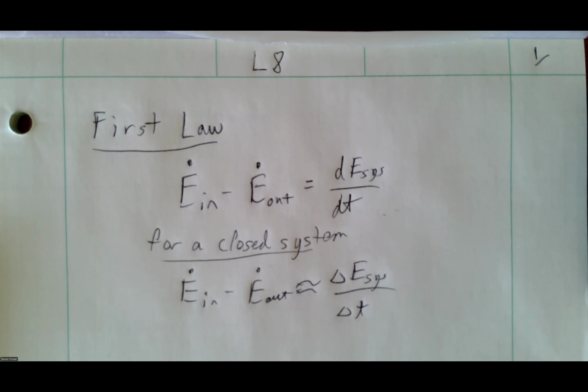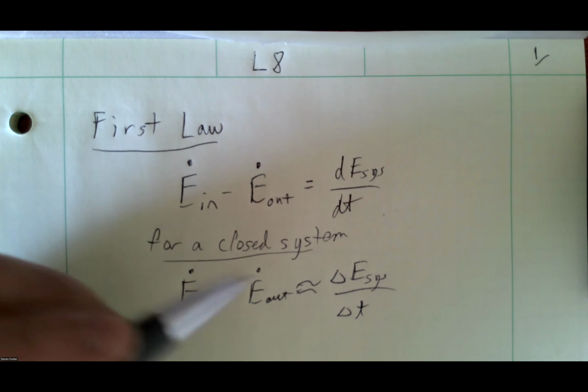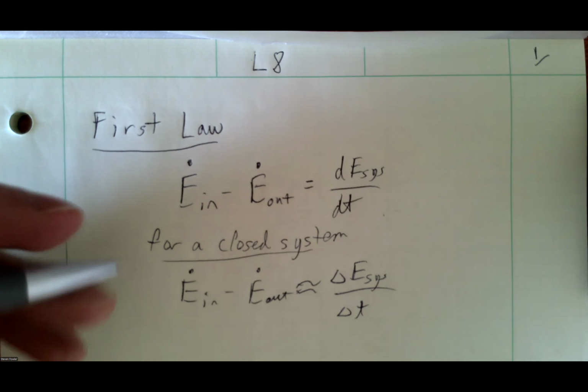So the rate of energy in minus the rate of energy out is approximately equal to a total change in the energy of our system for a total period of time. This assumption wouldn't necessarily have to be limited only to a closed system. In fact, we can do the same thing with control volumes, but this is the assumption we're going to make in this case. I'm going to move delta T over here.